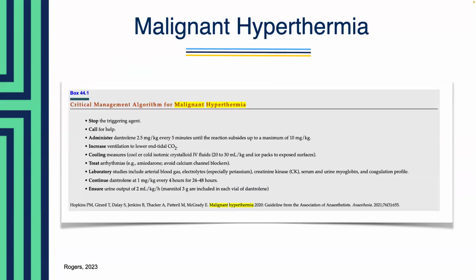All right, the last thing we're going to quickly talk about is malignant hyperthermia. In box 44.1, it talks about critical management, an algorithm for malignant hyperthermia. The underlying pathophysiological mechanism of malignant hyperthermia is muscle rigidity, where there is an uncontrolled and excessive release of calcium from the sarcoplasmic reticulum of the skeletal muscle cells.